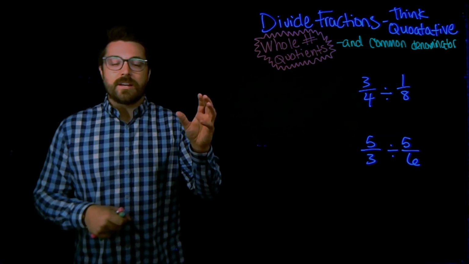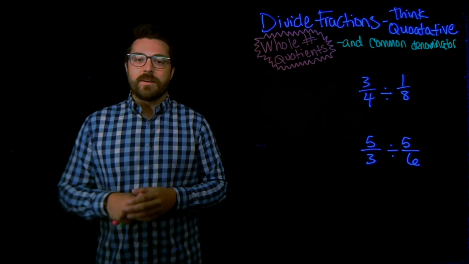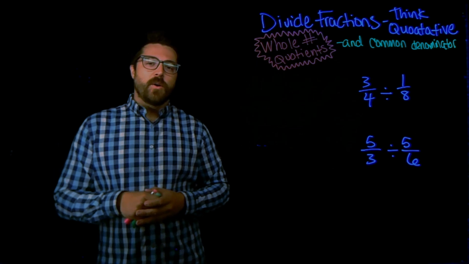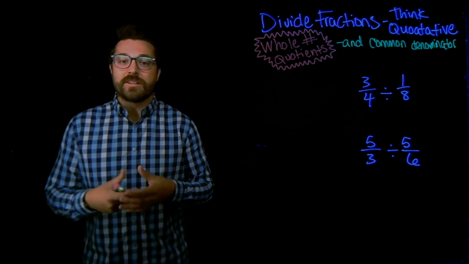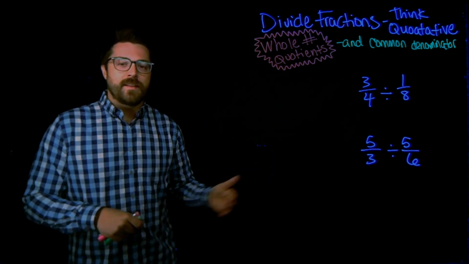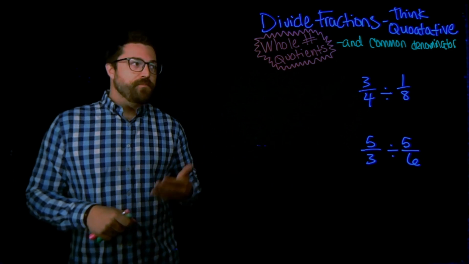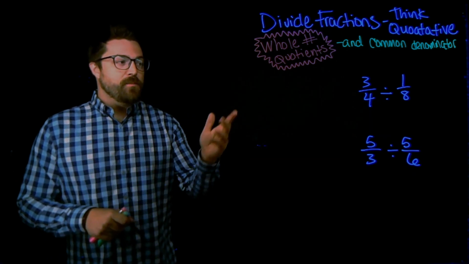So these first two examples are going to be whole number quotients, and then this strategy is actually going to be a three-part video where we look at mixed number quotients, and then we also look at quotients that are less than 1. Developing that understanding in that order and in that sequence with this strategy of think quotative, I think is really important. So let's jump right in.